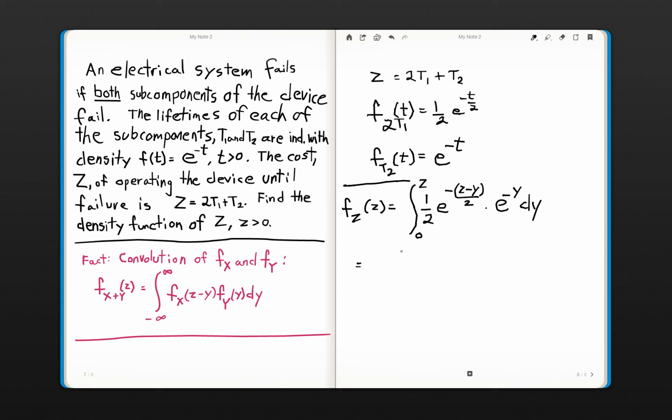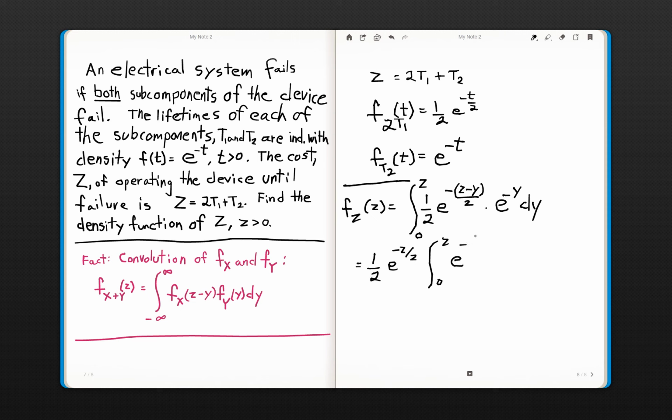So let's work this out. This would be equal to, and you can pull out a constant here, 1/2 e to the negative z over 2. Once we have this out front, we still have a positive y over 2, and then you're subtracting the y, so you're left with the integral of negative y over 2 dy. I'm going to go quickly over the algebra and let you convince yourself of that.